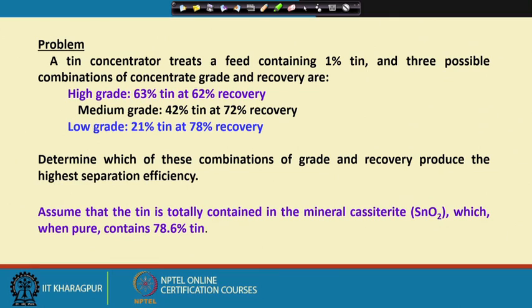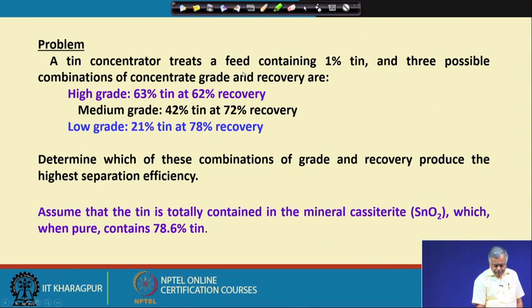The example I have given is that we have 3 parallel circuits and we want to compare their performances. The problem says that a tin concentrator treats a feed containing 1% tin, and 3 possible combinations of concentrate grade and recovery are as follows. In one process you are getting 63% tin at 62% recovery.